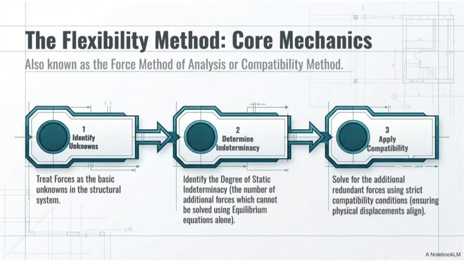If there are more forces, equilibrium equations are not sufficient to find the unknown forces. That condition is called redundancy or indeterminacy. So in order to solve for the additional forces, we will apply the compatibility condition, and using that compatibility condition, we will solve the unknown forces.